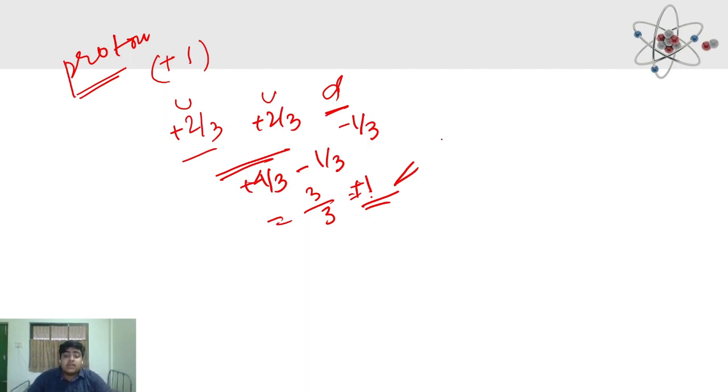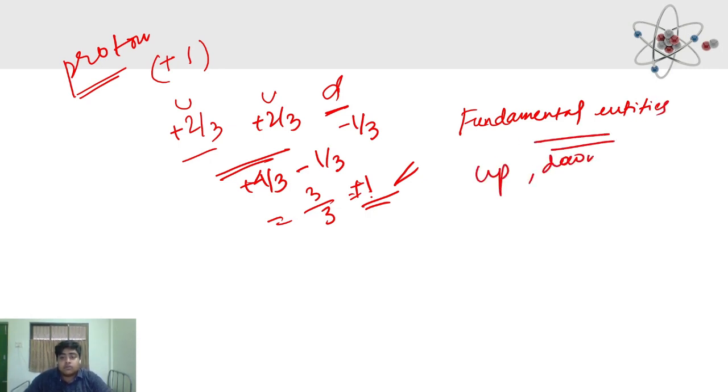Now, we saw the historical approach. Historically, the fundamental entities, the quarks which were first discovered, were the up, down, and strange quarks. So let's represent all this using a simple geometrical diagram.